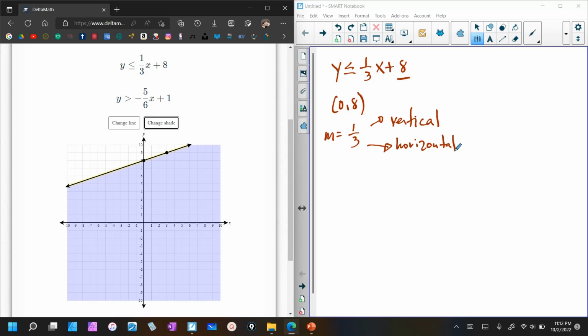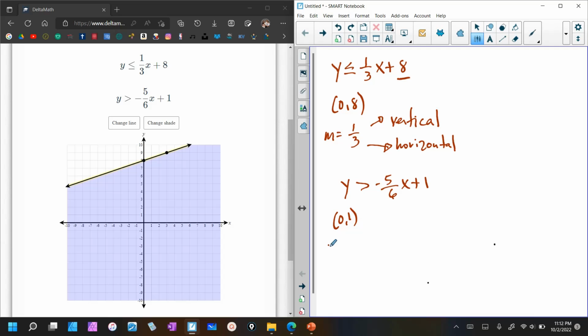Now we will follow the same procedure for the second inequality. So our second inequality is y is greater than negative 5 over 6 x plus 1. The y-intercept is at 0, 1. That means we will start there. Our slope is negative 5 over 6.